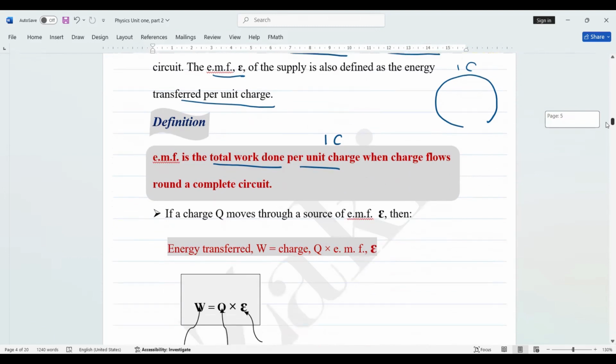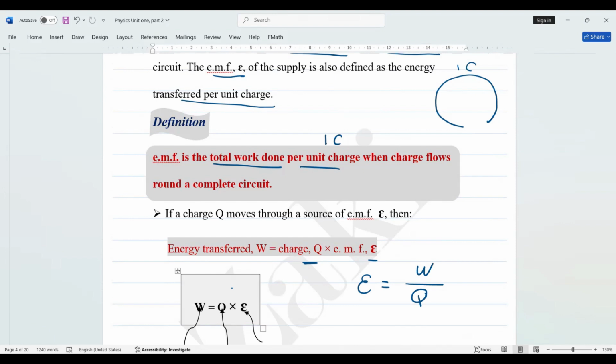So the energy transferred W equals Q times EMF. Again, the EMF equals the energy transferred per unit charge, but for the whole circuit, the work done to move 1 coulomb around the whole circuit.